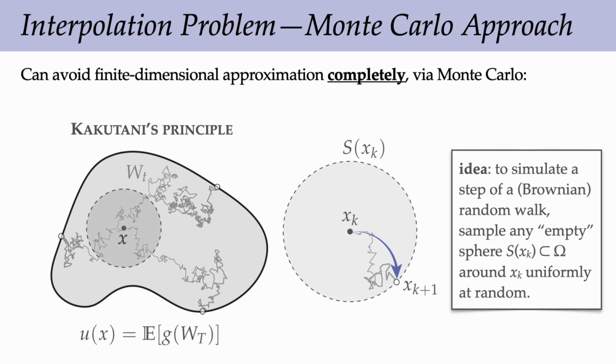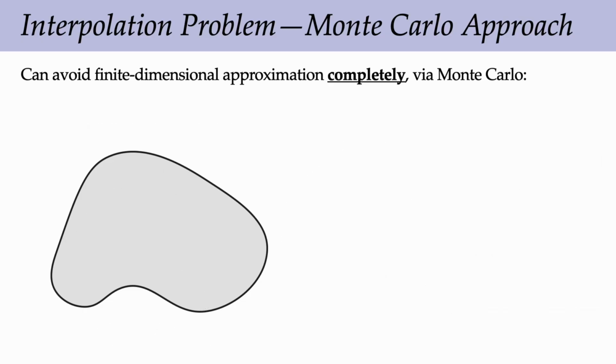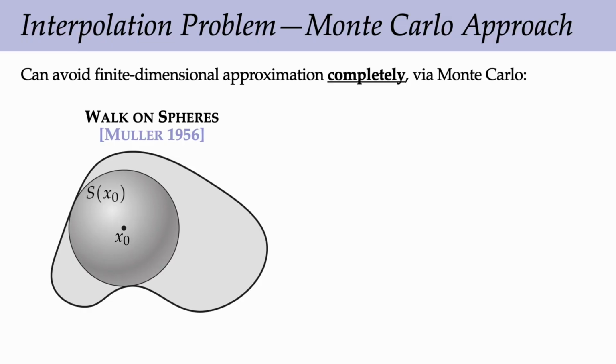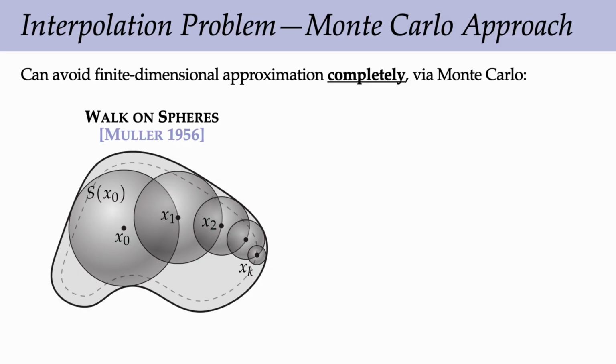And this is the starting point for the so-called walk-on spheres algorithm, which says that to solve a Laplace equation at x naught, I take the biggest empty sphere around x naught, uniformly sample that sphere, and repeat until I reach the boundary. Of course, this is like Zeno's paradox of motion. I never actually reach the boundary.